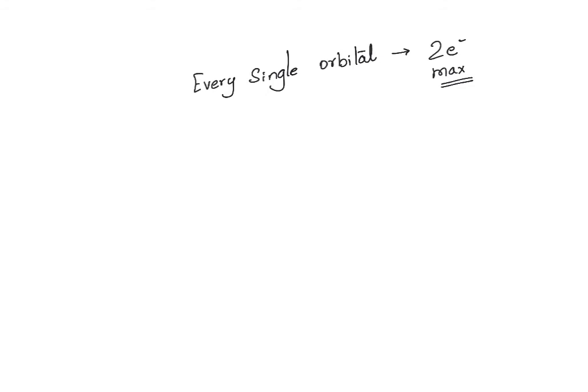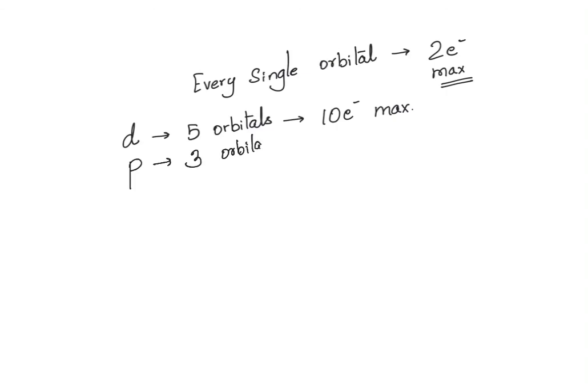So then, if d is a set of 5 orbitals, then a total of 10 electrons maximum, and if p is a set of 3 orbitals, a total of 6 electrons maximum, and s is 1 orbital, and this is 2 electrons maximum.